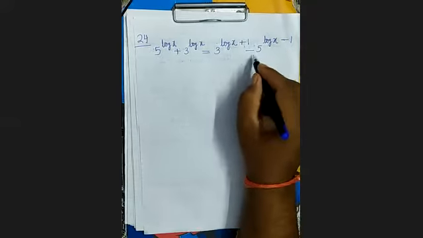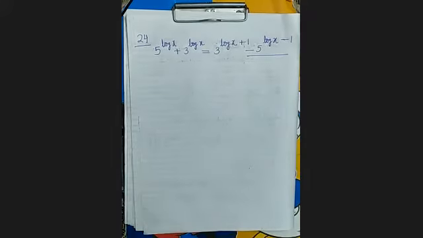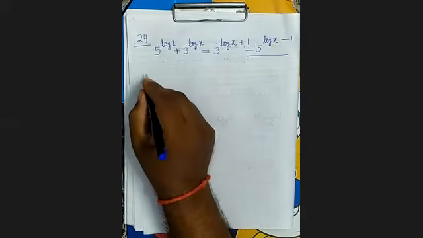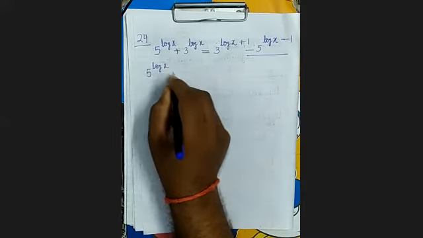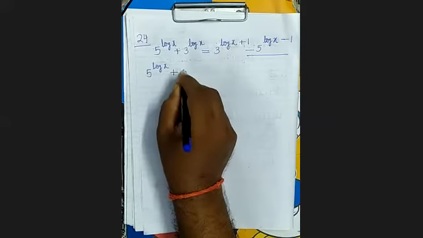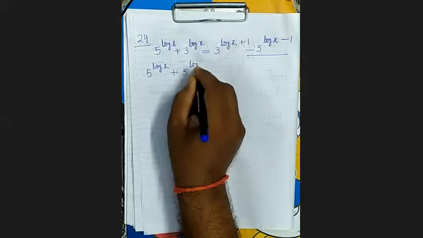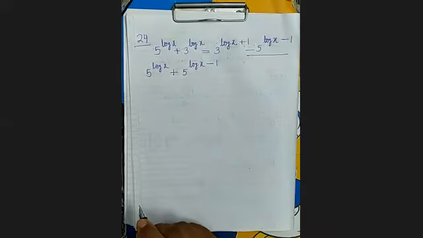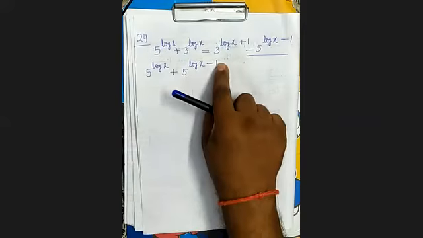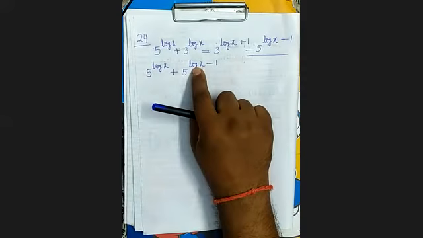You can see here this is in negative. So you bring it in this side. It will become positive. So 5 to the power log x plus 5 to the power log x minus 1. Here minus 1 is not associated with log.